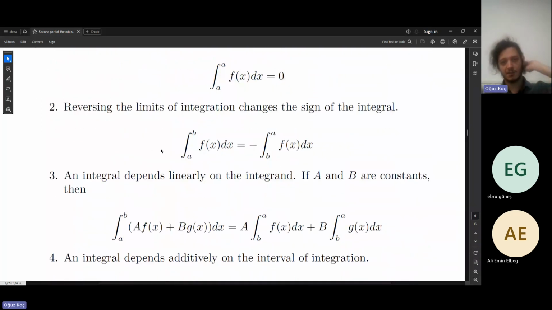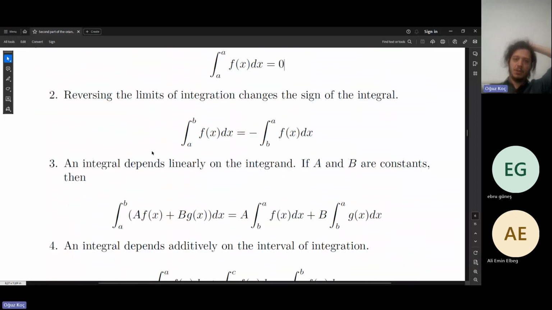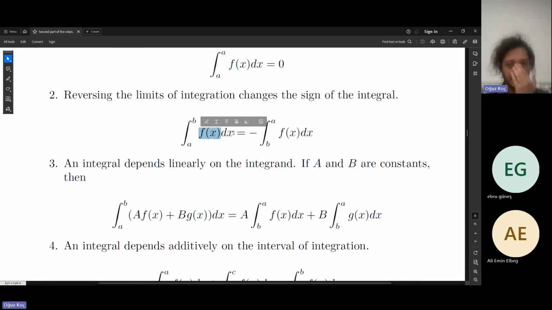And then we have the second property. In this case, we can change the sign of an integral by reversing the limit points of the integration. We have a lower limit a and upper limit b, and we have a function f of x.